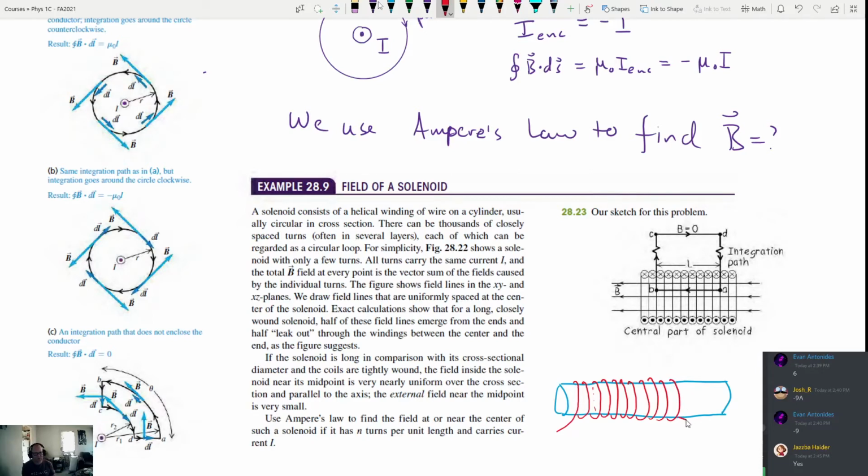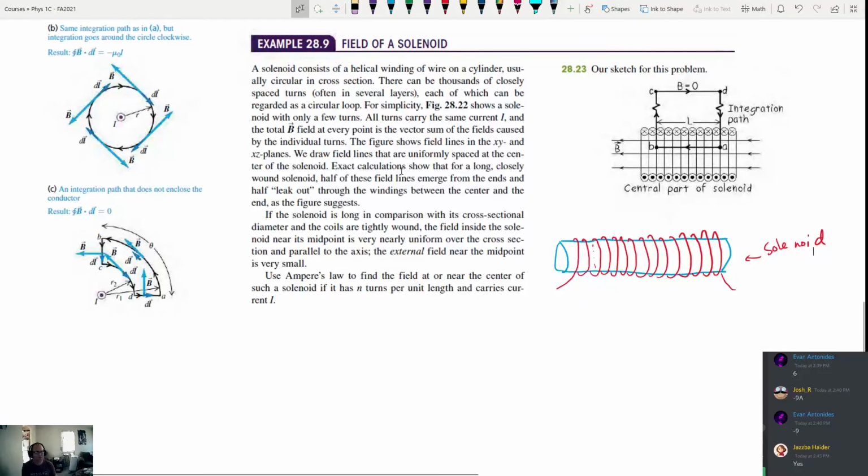Solenoids show up all over the place in this class, but they also show up in things like your car. I believe the starter in your car has a solenoid that sometimes has to be replaced. I know that I'm writing in a place where you can't see, but I'll scroll down a little bit. Wire wrapped around something, that's a solenoid.